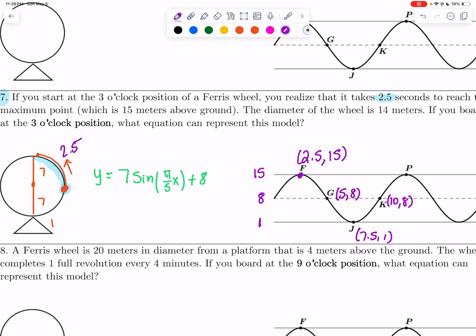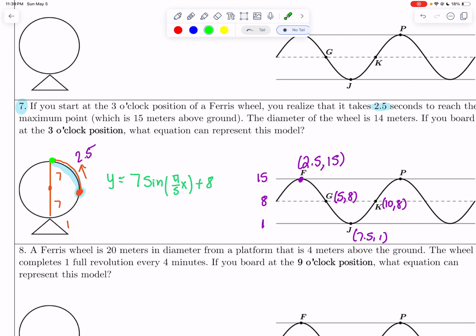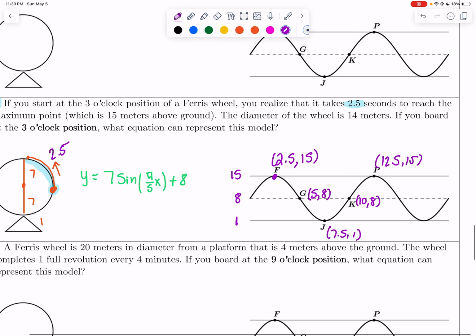That makes sense because if it takes me 2.5 seconds right here, 2.5 times 4 is going to give me 10 seconds. Then I'm going to add 2.5 seconds to reach my maximum again. That's going to give me 12.5 and then 15. And once again, this should make sense because I should have a period of 10 right here.